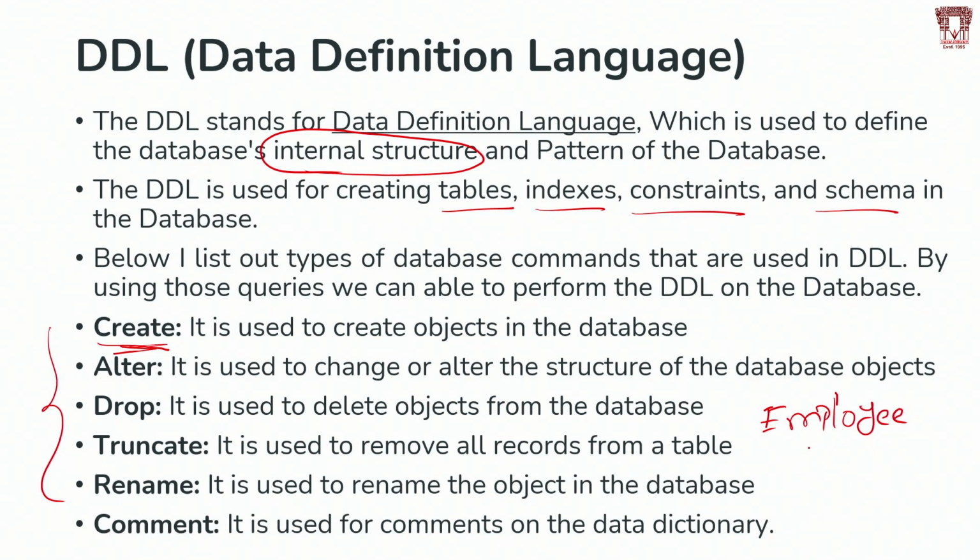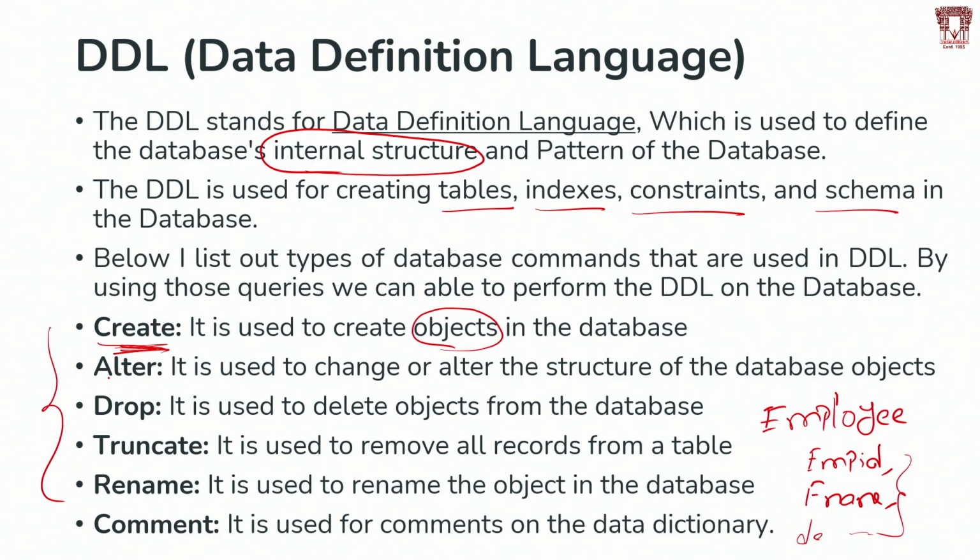In order to create this employee, I want to create one field first, like the employee ID. I require employee name, employee details like salary, everything will be there. So all this data is required to gather in order to create this type of create command. This is used to create the objects of the database, and these are called attributes. We can also call them objects.